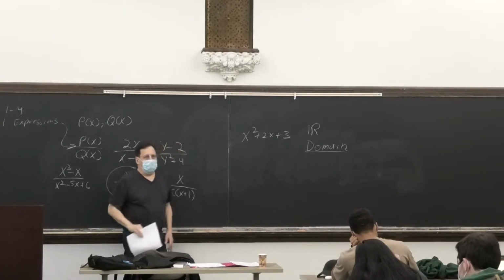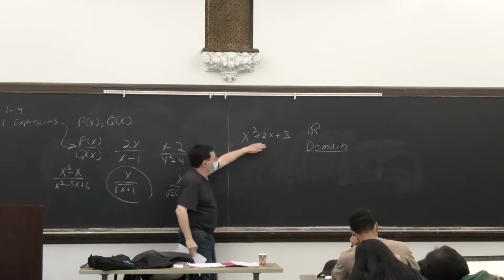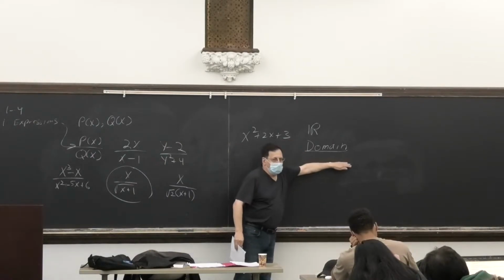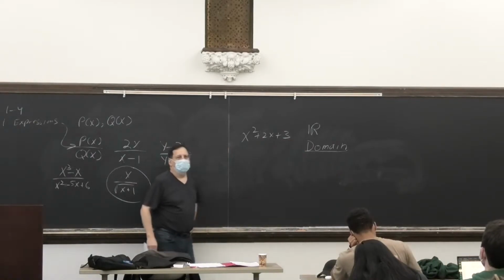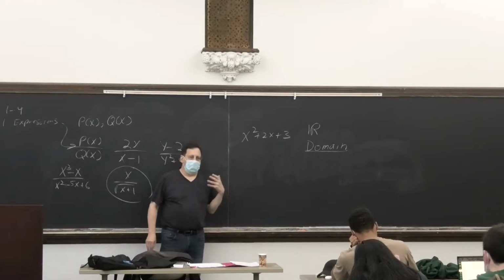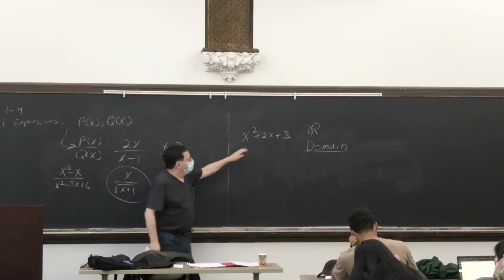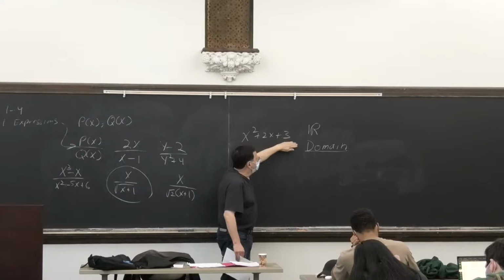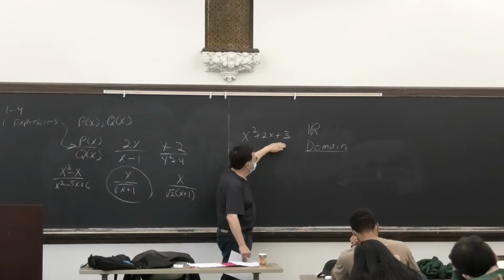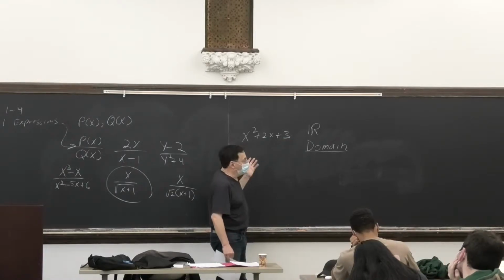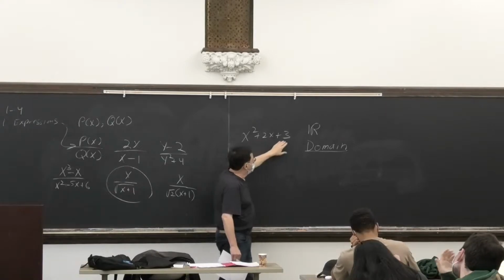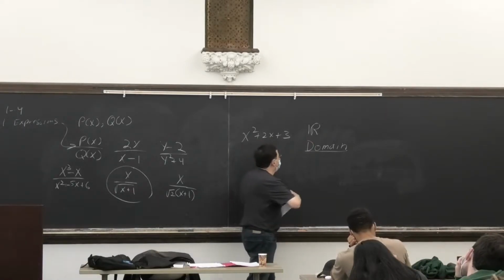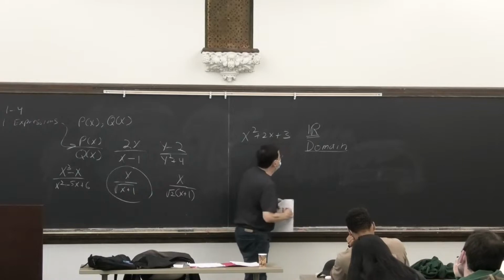It's very common to see an expression like this, but nobody says anything about the domain. In which case, as a convention, we just assume it's the maximal interval or the maximal number of values that you can put into this expression, which in the case of a polynomial is always all the real numbers.